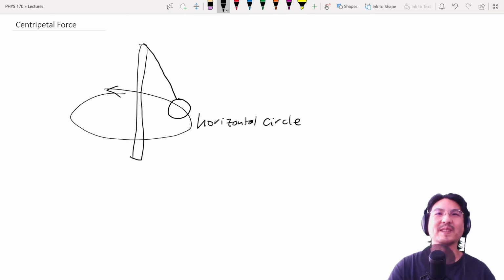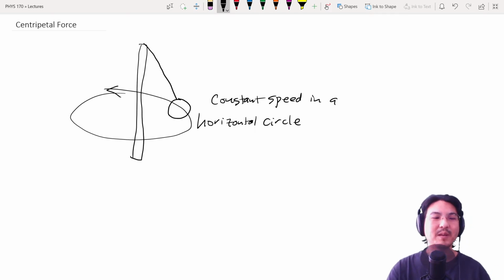And for simplification, let's say that tether ball is going at a constant speed. The direction keeps changing, but the speed remains the same, the magnitude of the velocity.